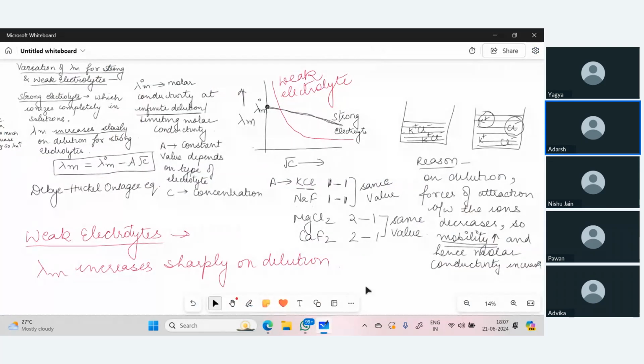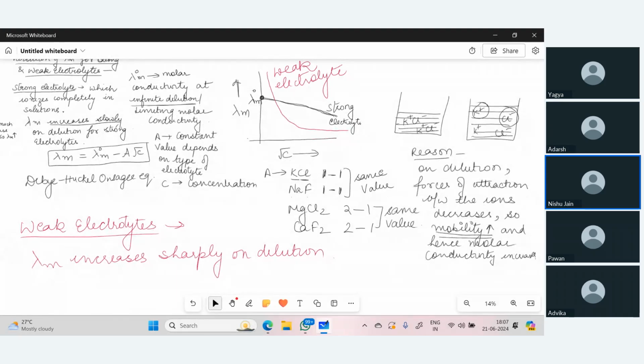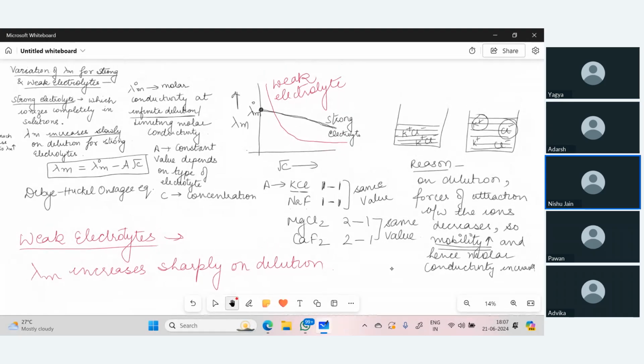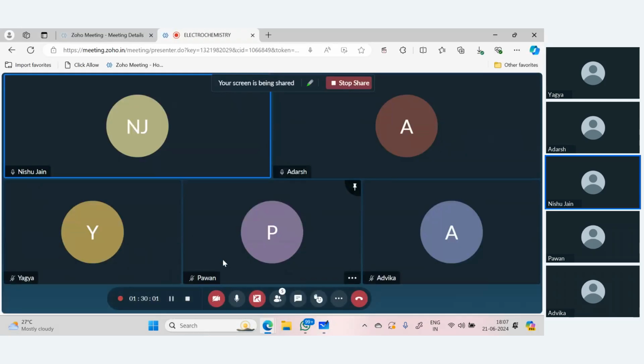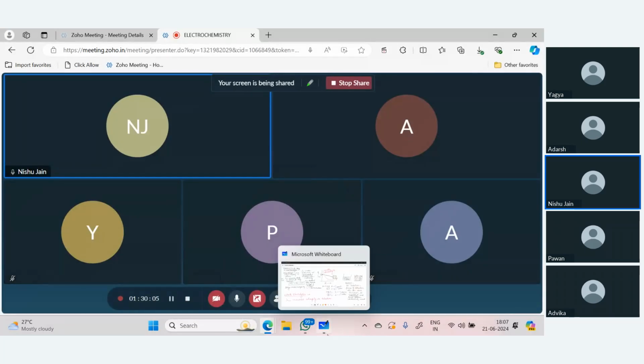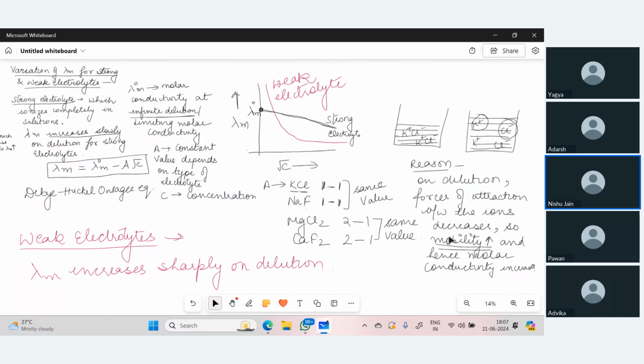Yes, ma'am. Are you here or sleeping? I am here, ma'am. Are you done with the writing part? Or still writing? Can't hear you. Yeah, ma'am. Done writing it. Advika and Pavan, are you also done with the writing? Yeah. Yes.